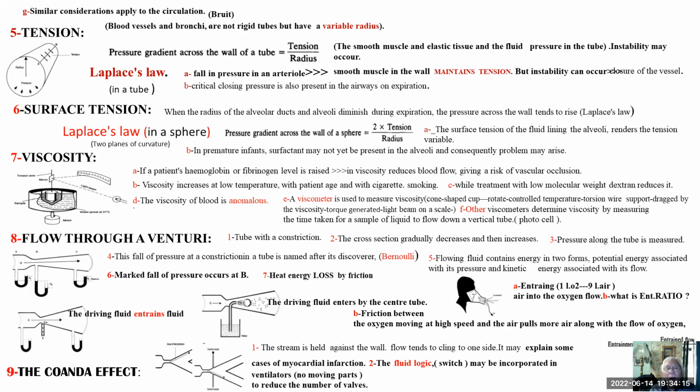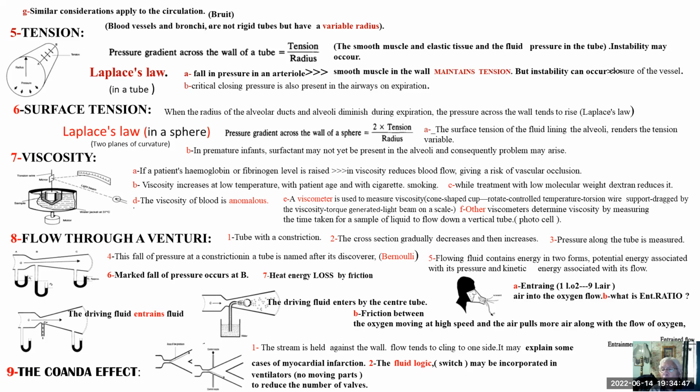As we know from the previous chapter, Laplace law correlates the pressure to the tension over the radius. This equation is confined to the cylinder. As for structures like the alveoli, we multiply by 2 the tension to create Laplace law in a sphere.